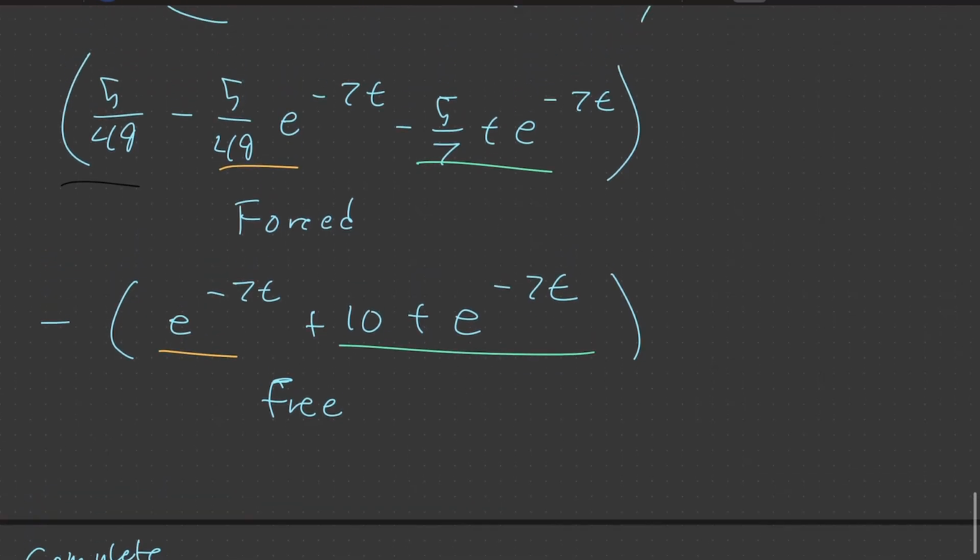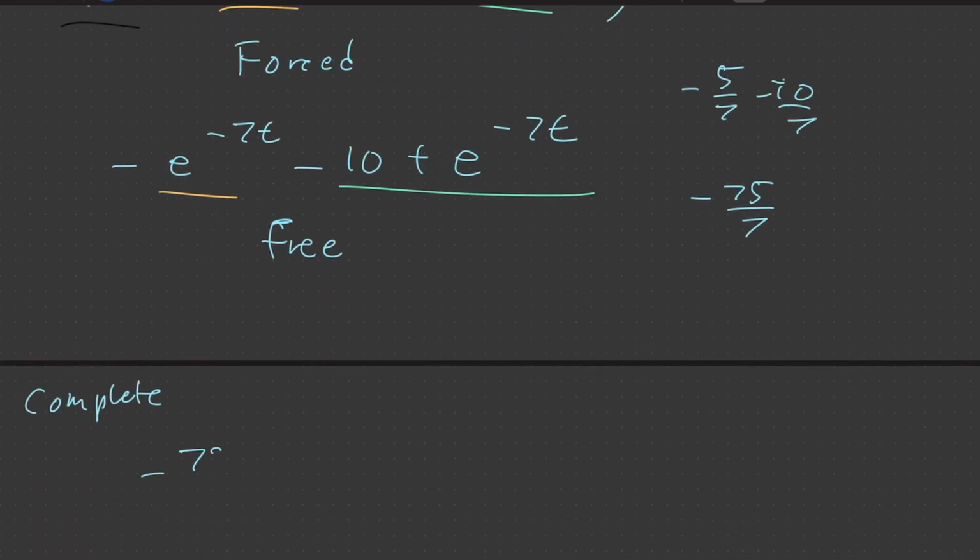Making sure we distribute this negative, so this will be a negative as well. This will be a negative, and this will be a negative. So we have negative 5 over 7 minus 10. If we do 7, this becomes 70. We get negative 75 over 7, so negative 75 over 7 t e to the negative 7t.